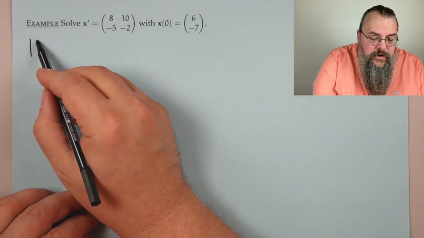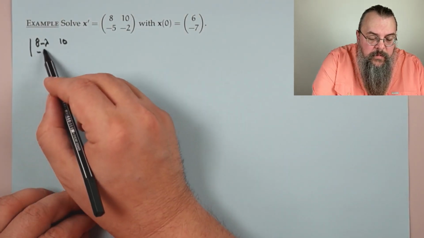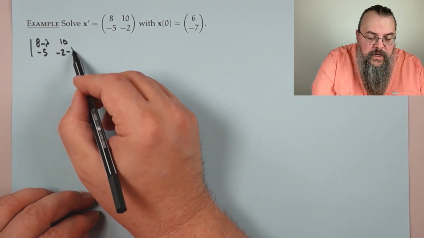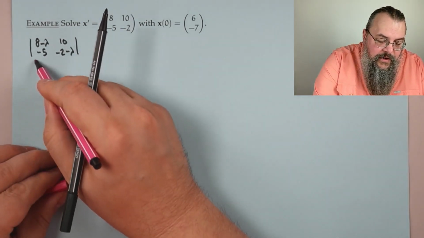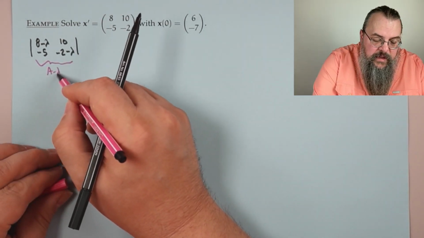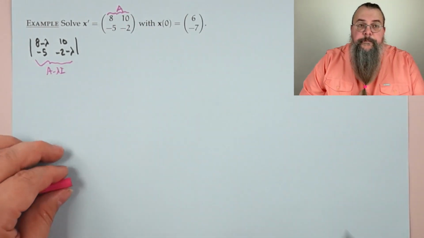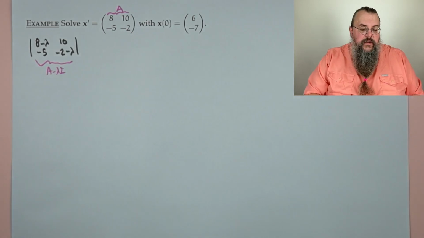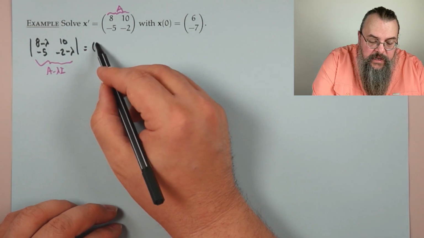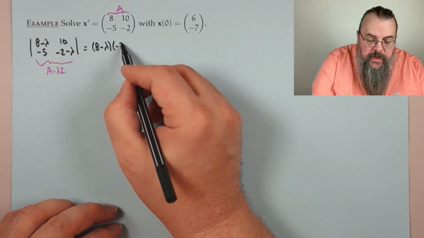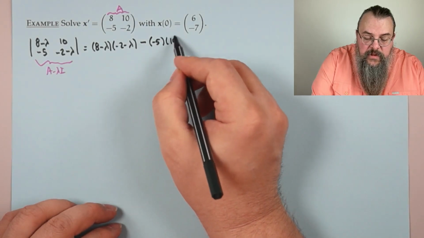So we're going to take the determinant. We have 8 minus lambda, 10, minus 5, minus 2 minus lambda. And as a reminder, this is our A minus lambda I, where this matrix here is A. All right. Well, just got to go for it. Okay, so this is 8 minus lambda times minus 2 minus lambda, subtract negative 5 times 10.